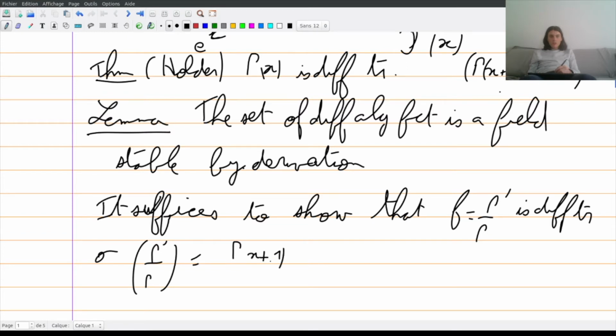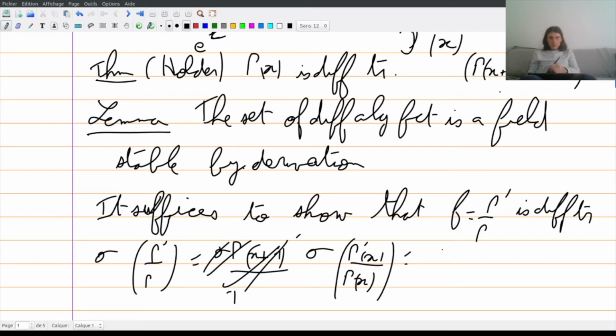So it equals gamma prime of x plus 1 over gamma of x plus 1.